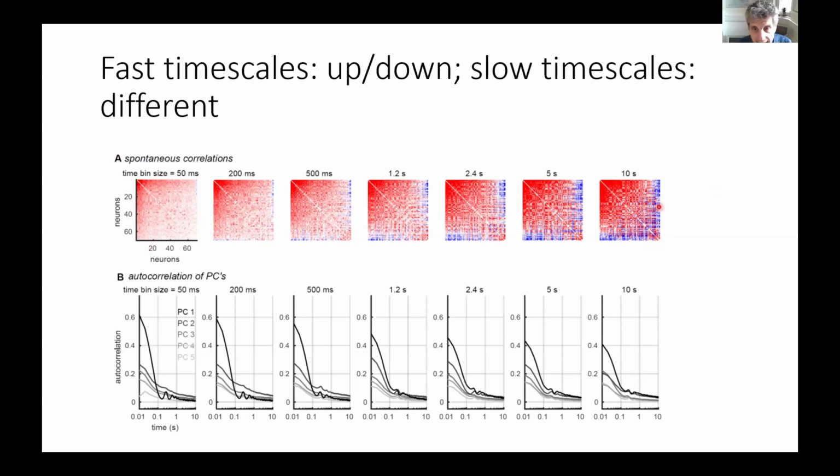But if we look here at a 10-second time scale, now it's different. Now we've got some positive and some negative correlations, and that's because at 10 seconds, we're looking at the correlation with the movement of the mouse, not the correlation with the up and down phases.